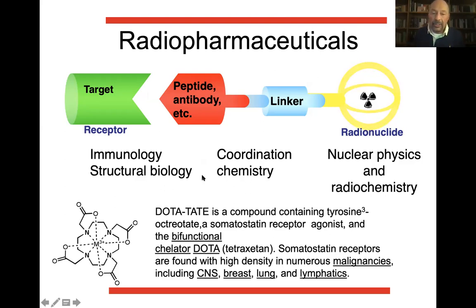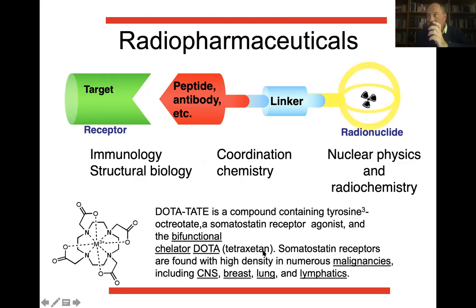One good example is the so-called DOTATATE. This compound here contains tyrosine octreotate, which is a somatostatin receptor agonist. And in addition, there is the bifunctional chelator DOTA, which is tetraxetan.